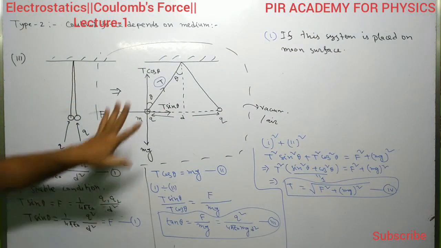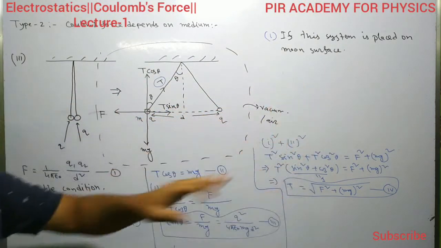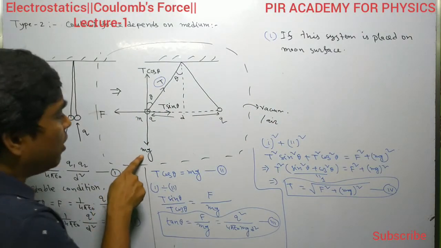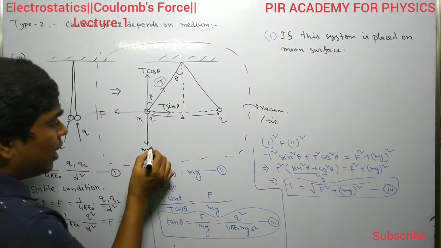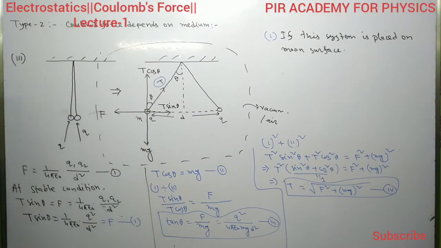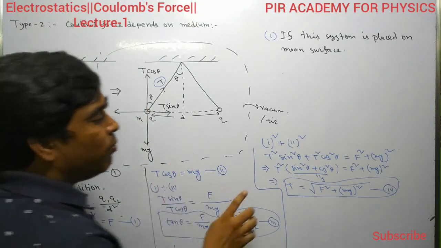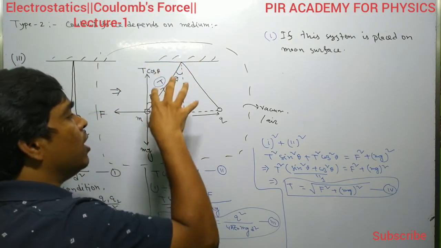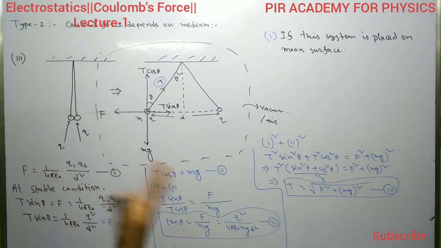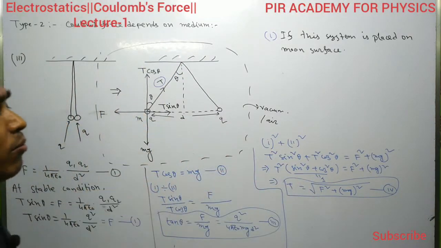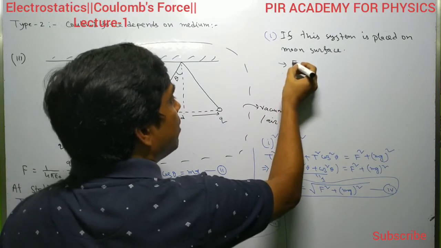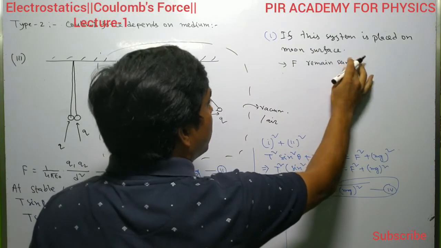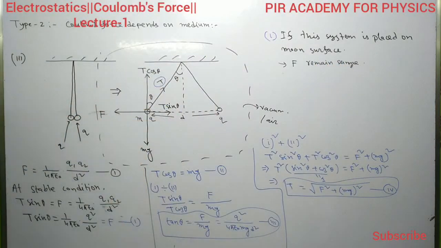On the moon surface, the weight of this bob will decrease. Suppose the medium on the moon surface is vacuum, so the force F remains the same, because there is a vacuum.